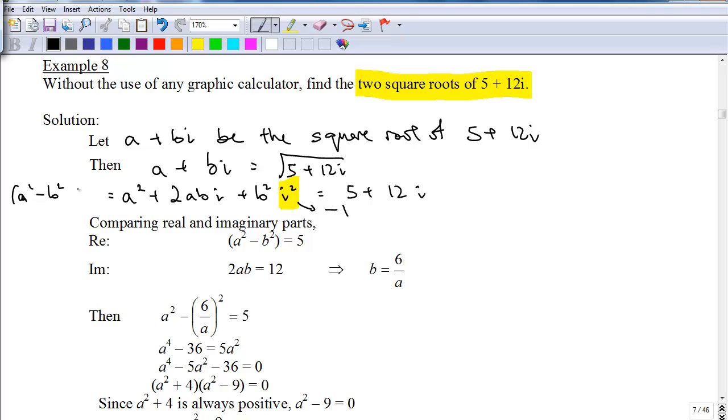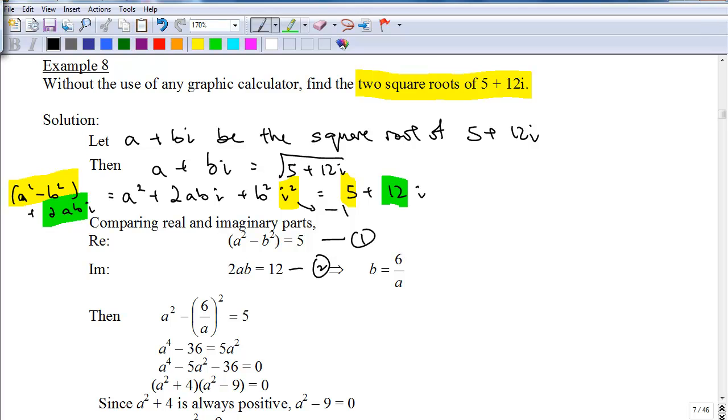This is the real part, plus the imaginary part 2abi, equals 5 plus 12i, and the real part is 5, the imaginary part is 12. So all I need to do is compare. I'll get one equation here and another equation here, and the remaining part is just to substitute and get your values for a and b.